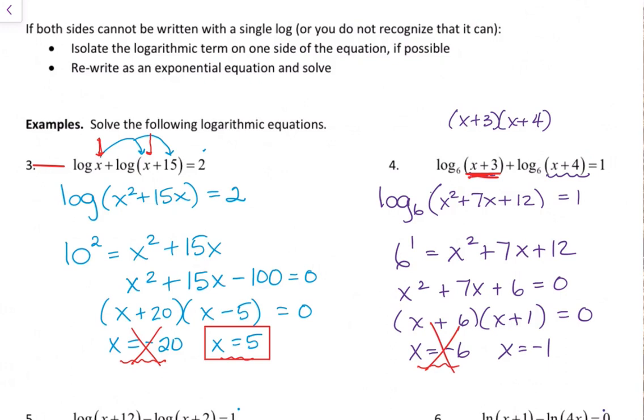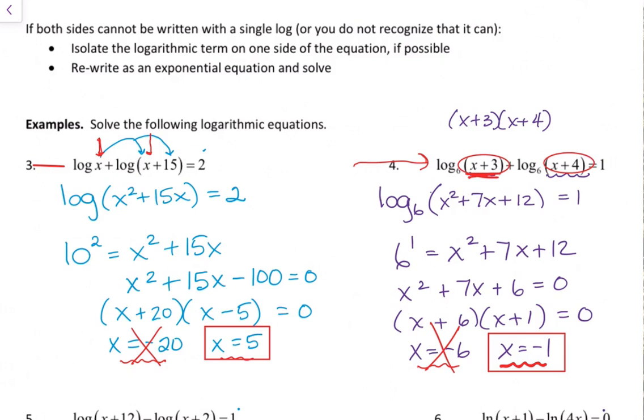And if I check -1, -1 plus 3 is still positive. -1 plus 4 is still positive. So that one checks, and I do get to keep that as a solution. And again, just remember that you go back to the original equation before you combine the logs.